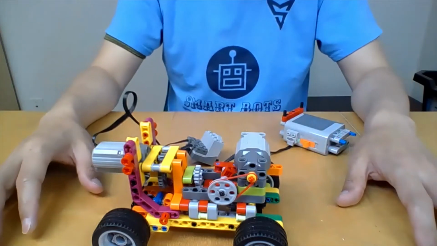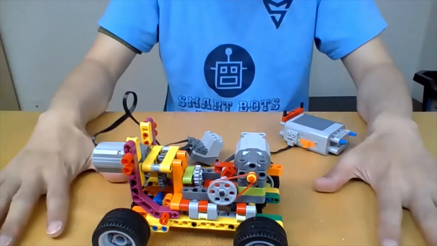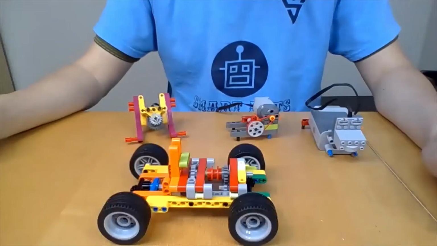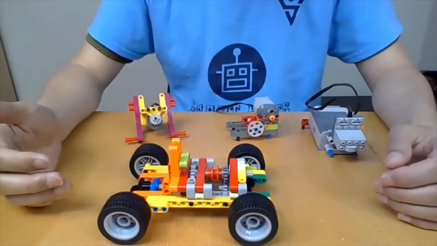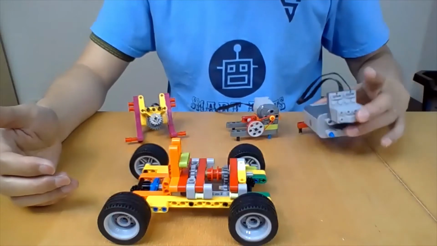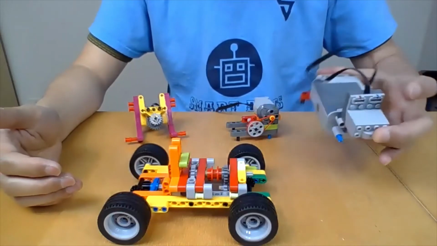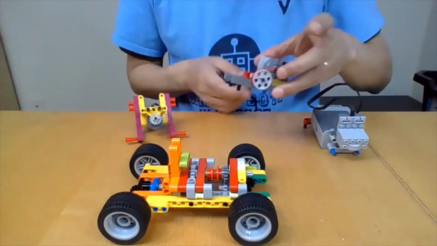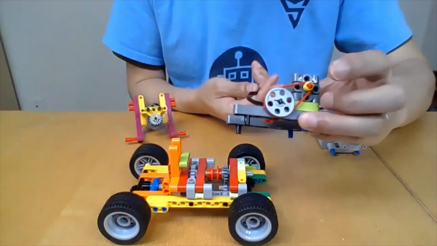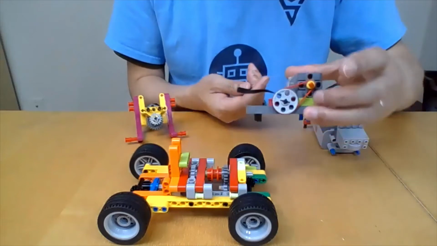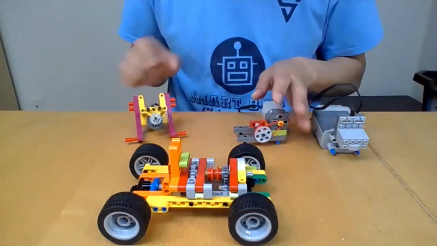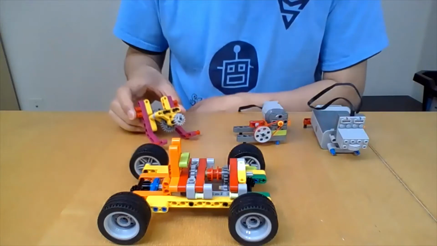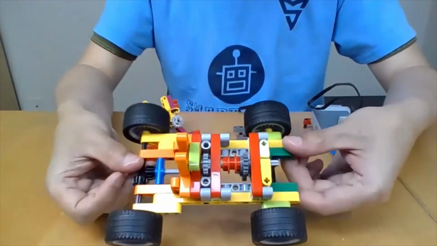Okay, now it is model building time. Now we separate the car into several units. First is a battery box and a remote receiver, and the clutch gear control unit motor, drive motor, and this is a power engine unit, and the driving base.